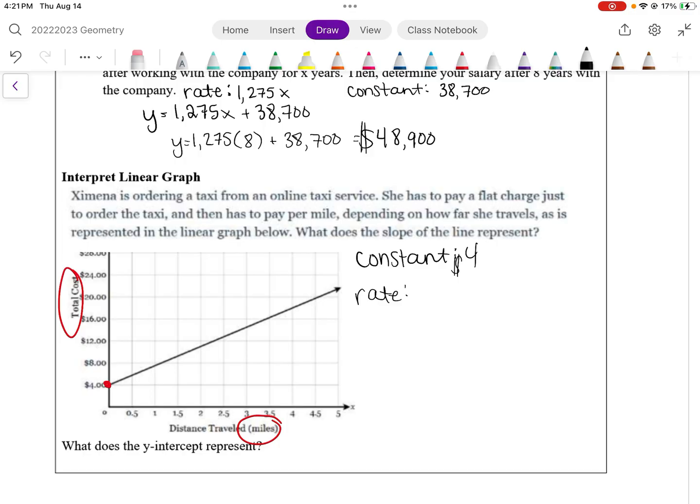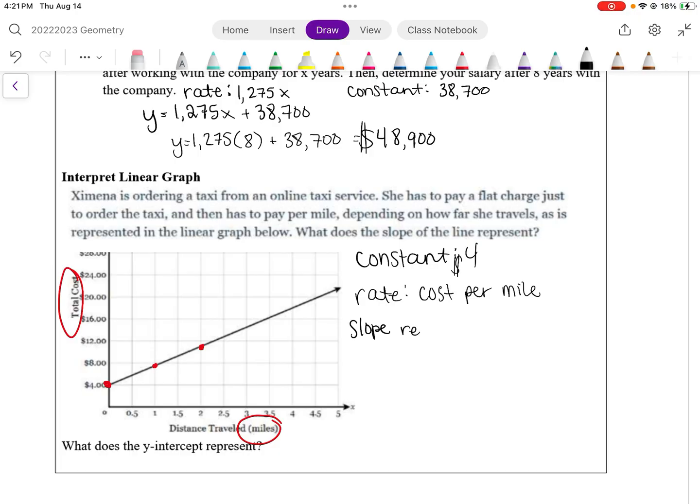Okay, so now let's think the rate. Look at how this is changing. Let's pick some points. Well, it's kind of hard to see. But at 1 mile, she's right under $8. At 2 miles, she's maybe $10 and so on. So the rate is cost per mile.